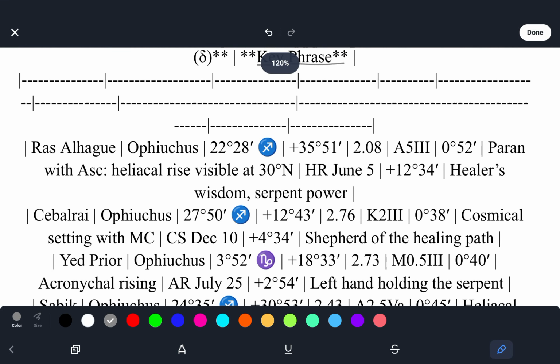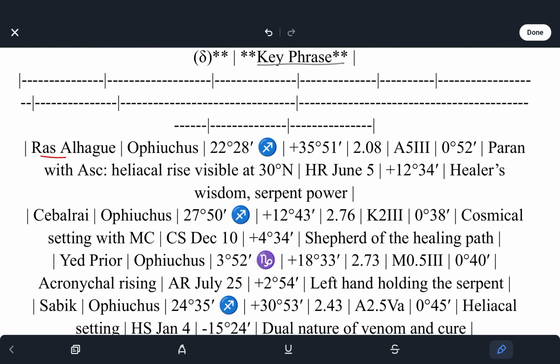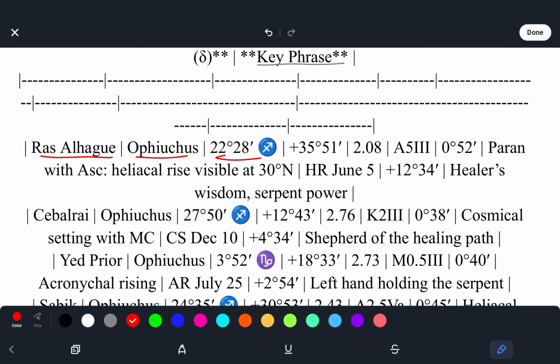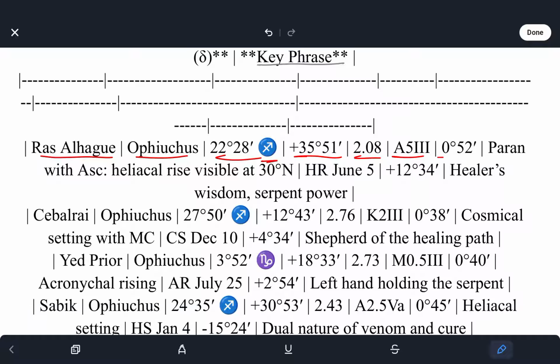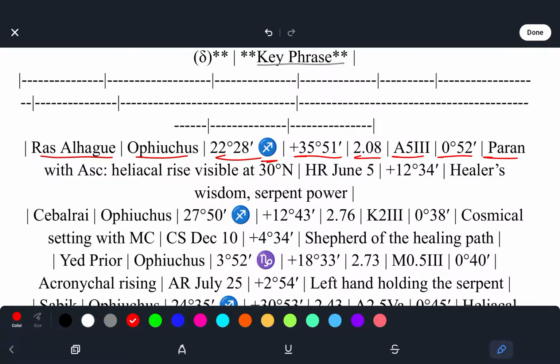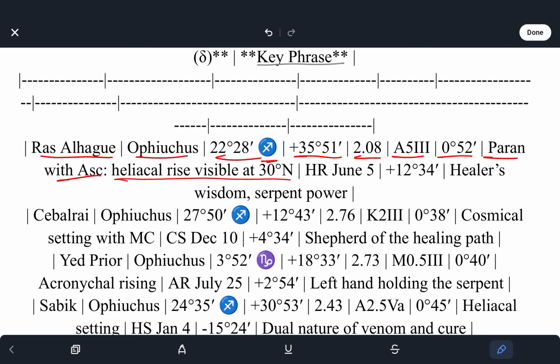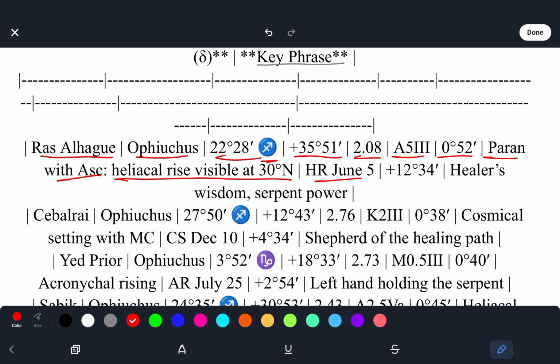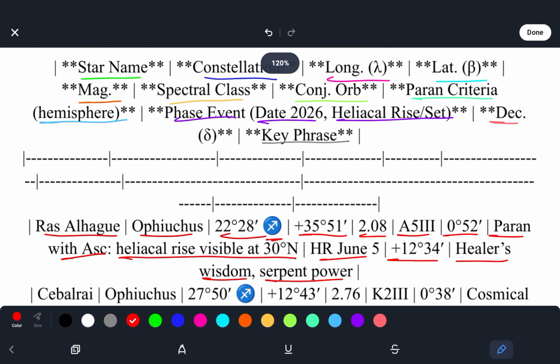So our first star here is Rasalhague, Ophiuchus. We see it's 22 degrees 28, and it's correlated with the sign Sagittarius, adding 35 degrees 51, 2.08, 853, 0 degrees 52, paran with ascendant, heliacal rise visible at 30 degrees north, HR June 5th, adding 12 degrees 34, healer's wisdom, serpent power. So what did I do there?